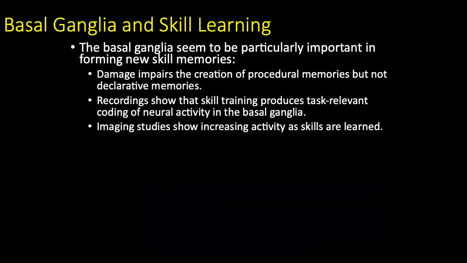So we see that damage seems to impair the creation of new procedural memories, but not declarative memories. So that's what we would call a double dissociation in cognitive psychology. Medial temporal lobe damage impairs declarative formation of new memories, but not procedural. And basal ganglia damage impairs formation of new procedural or skill learning, but not declarative.